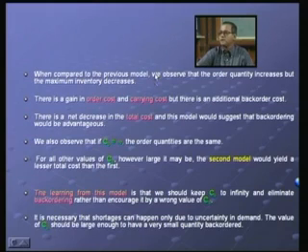When compared to the previous model, we observe that the order quantity has increased, but the maximum inventory has reduced. There is a gain in the order cost. That is because the order quantity has increased, number of orders per year reduces, therefore total annual order cost reduces.